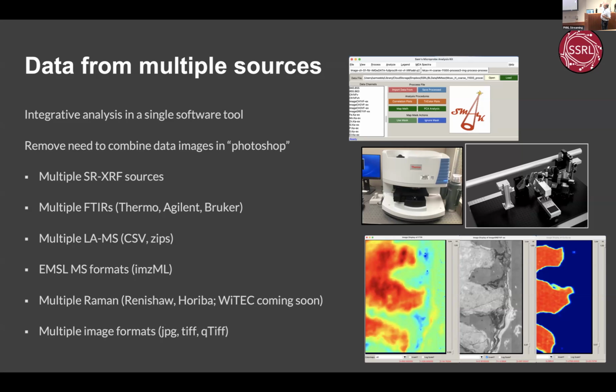We take things from multiple synchrotron sources, both infrared, XRF, hard X-ray, tender X-ray, STXM sources, multiple FTIR sources that are commercial, Thermo, Agilent, Bruker, multiple Ramans, multiple laser ablation formats, the lovely EMSL multi-language format that EMSL works with a lot, and even just random JPEGs and TIFFs that you might get out of your SEM. So all these things we can put together in the same platform and work with them together.